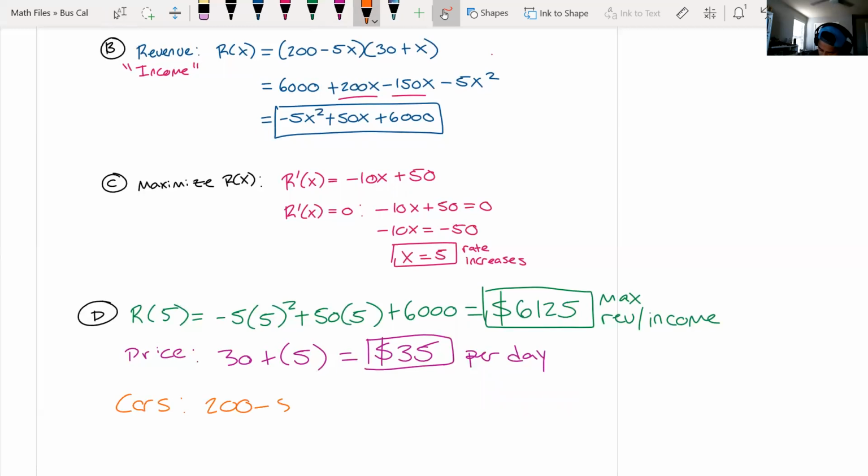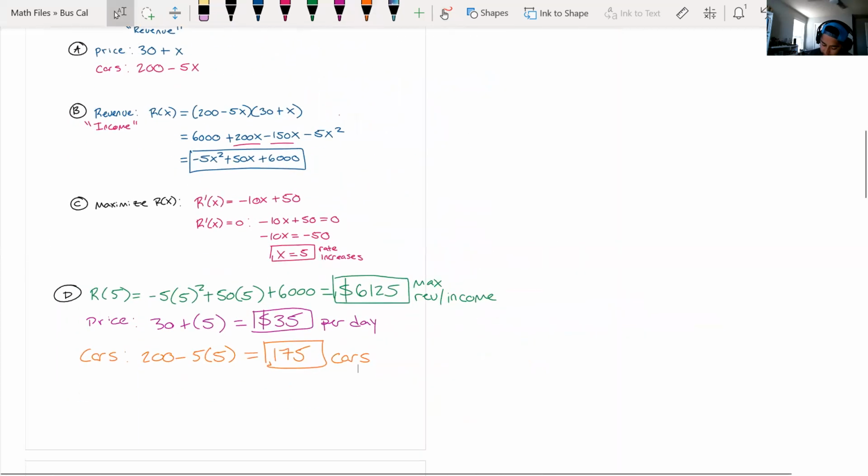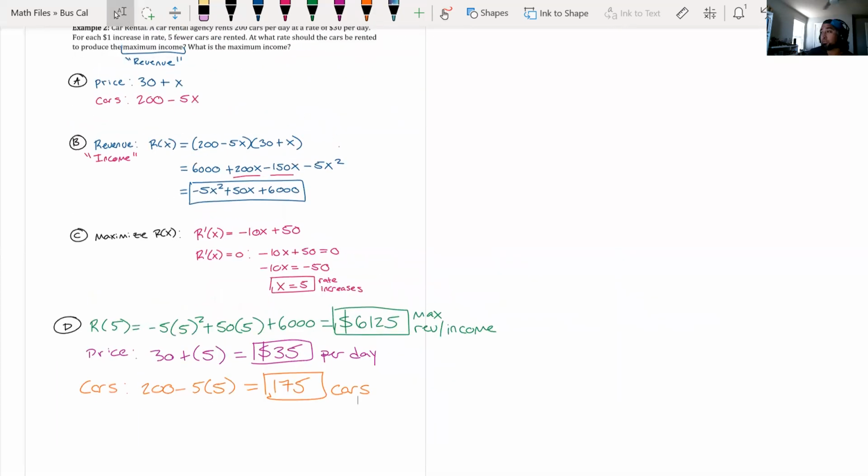So 200 minus 5 times 5. And if we do a $5 increase, we're only going to rent out 175 cars that day. Okay, and there it is. Any questions on that setup?